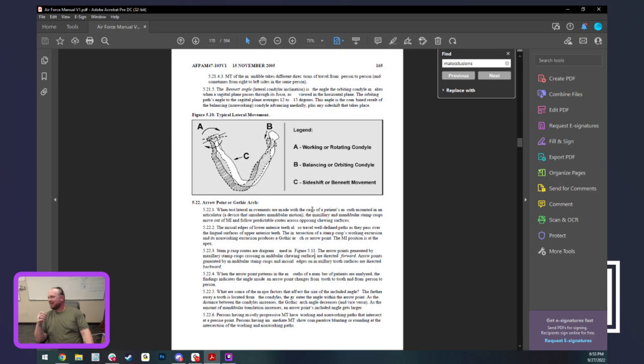The words that I choose to use are acknowledged on occasion because of their complexity. I'm a pompous asshole. Anyway, but that is ridiculous. The maxillary and mandibular stamp cusps move out of MI and follow predictable routes across opposing chewing surfaces.